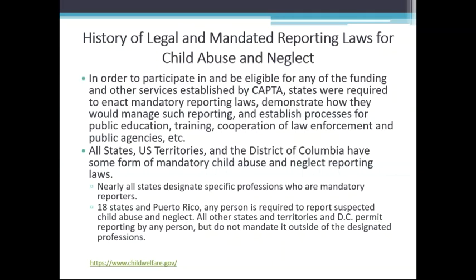And then in 18 states and Puerto Rico, any person is required to report suspected child abuse and neglect. So any resident, regardless of if you work in one of those specific professions. And then all the other states and territories and DC permit reporting by any person, but don't mandate it outside of the designated professions. So a citizen may be encouraged to report, but there's not any legal mandate for them to do so if they're not one of those professions.